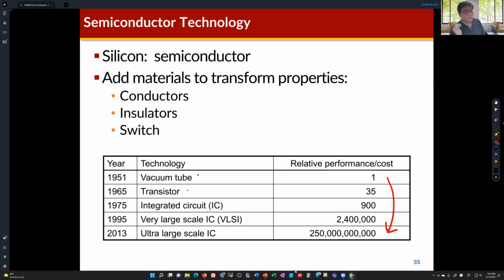That means the performance has increased very dramatically because the semiconductor technology has advanced very dramatically.